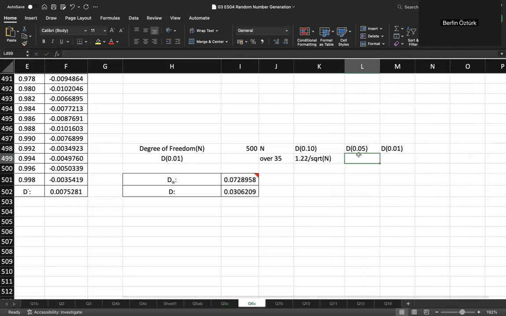For a significance level of 0.05, it is 1.36 over square root of n. And for 0.01, it is 1.63 over square root of n.